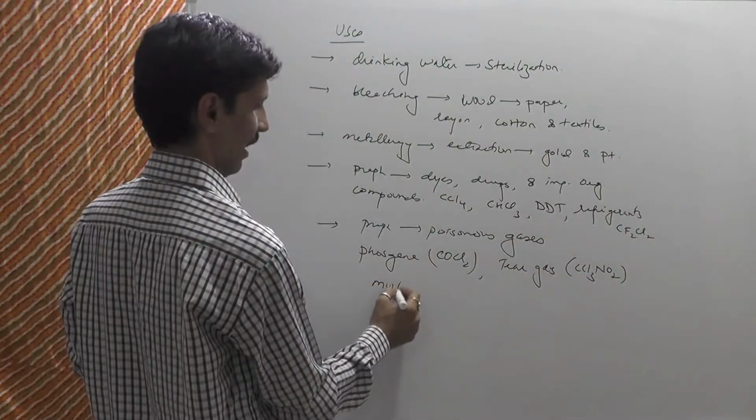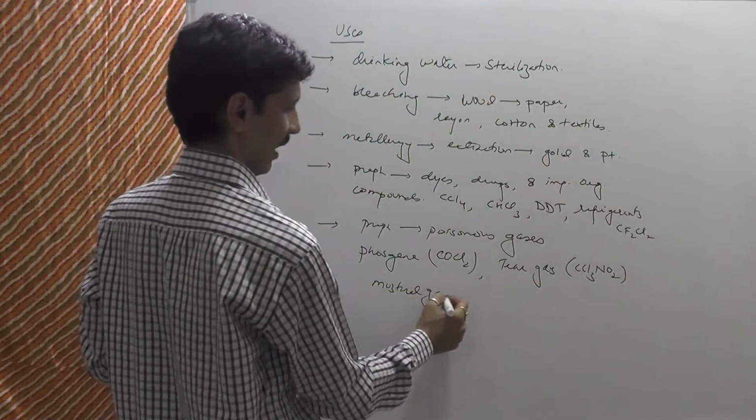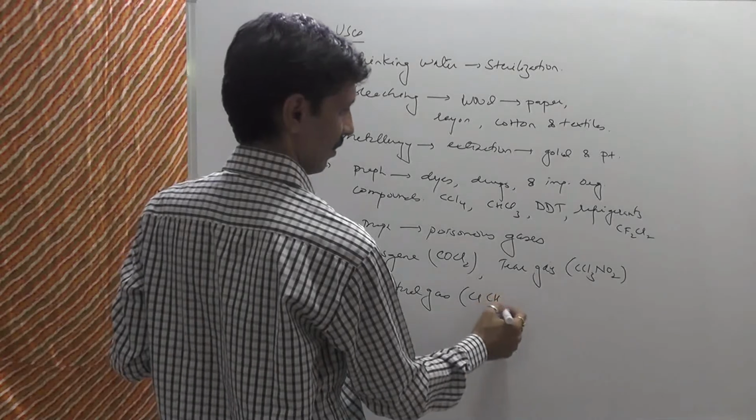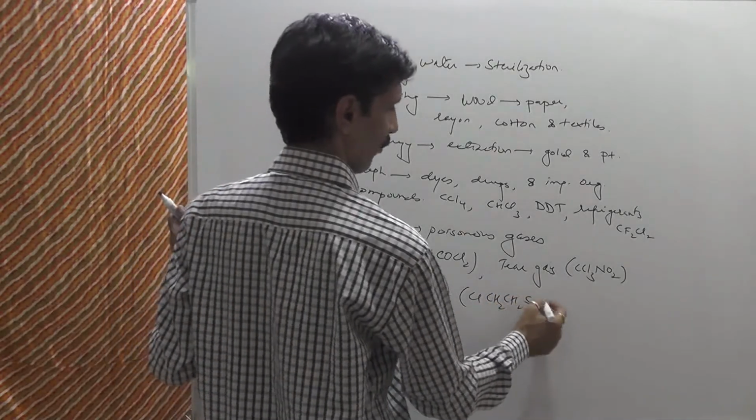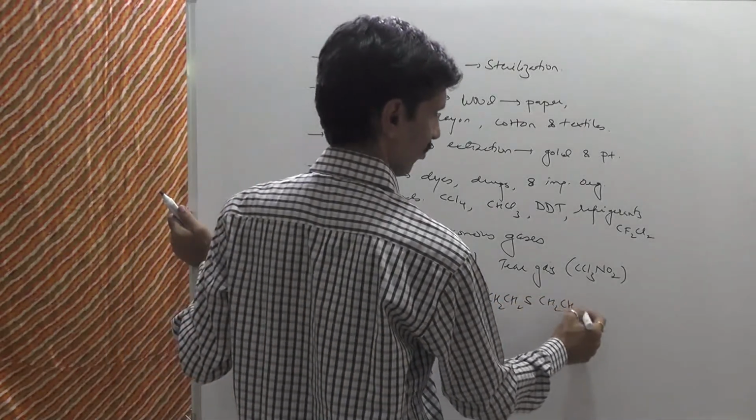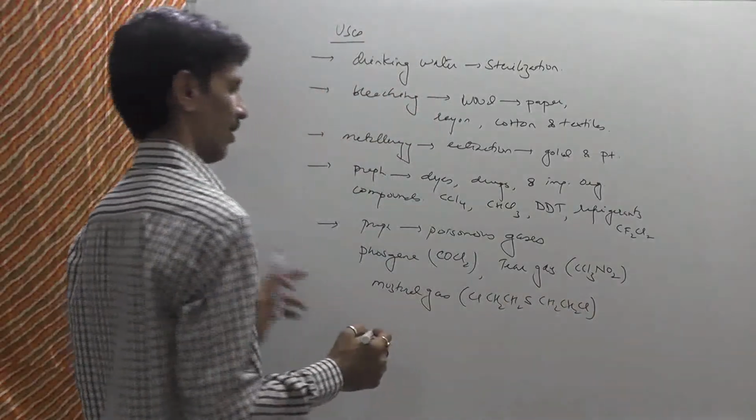We have mustard gas. मस्टर्ड गैस का फॉर्मूला है Cl CH2CH2 S CH2CH2Cl. Okay, so this is mustard gas.